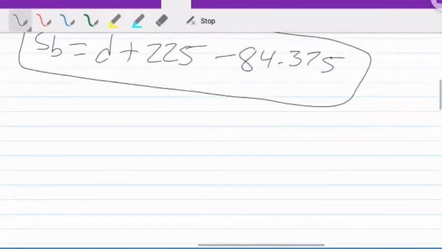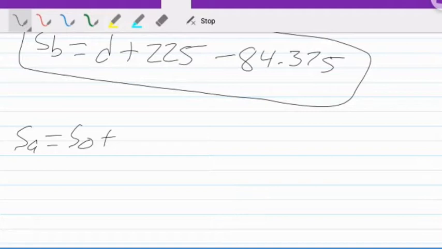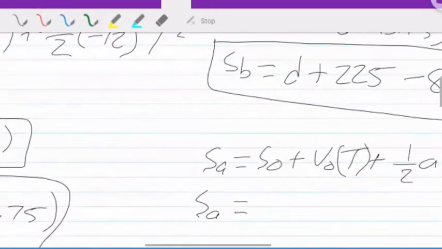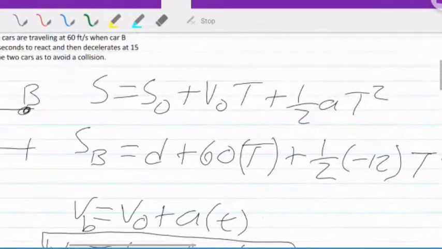Now we want to do the same thing with A. So S_A is equal to S naught plus V naught times time plus 1/2 A T squared.